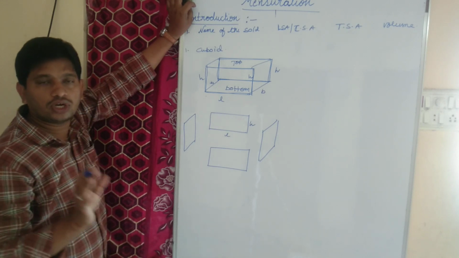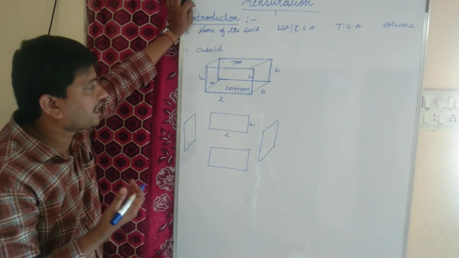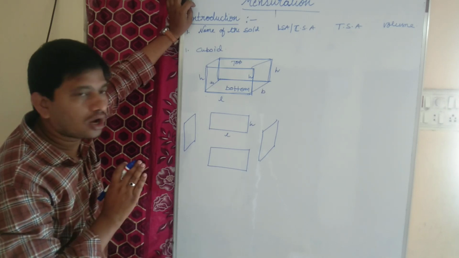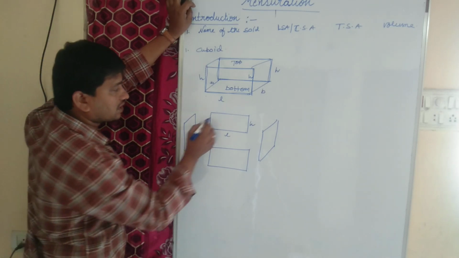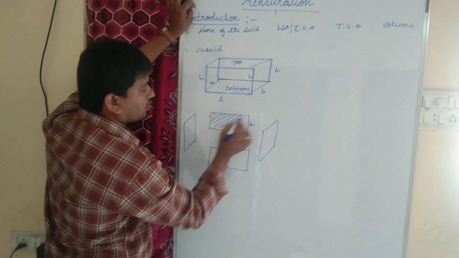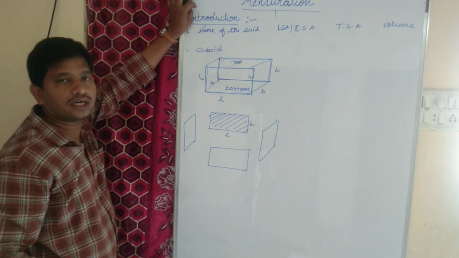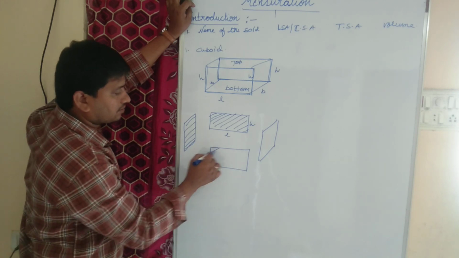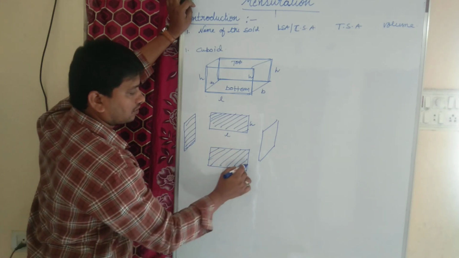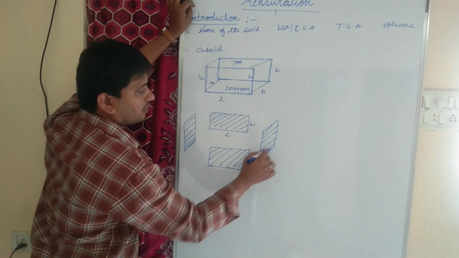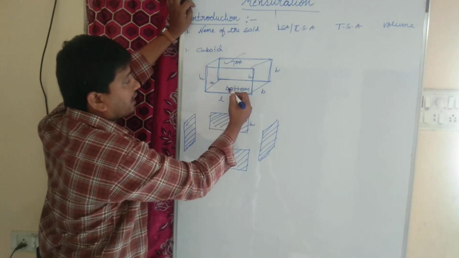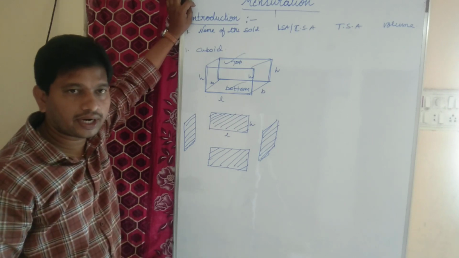We have only four faces except top face and bottom face, right? So we have to add all four faces' area. The region enclosed by a closed figure is called its area, right? These four areas we have to consider, only four faces except top face and bottom face, right?